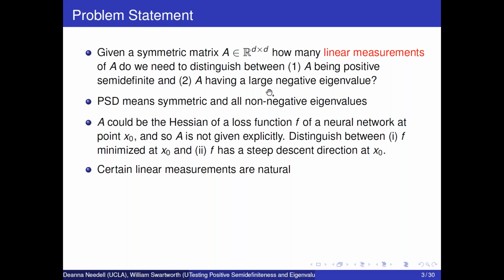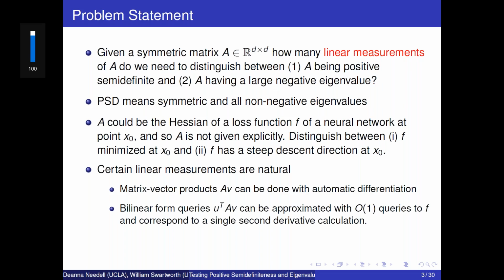Now, as I said, this matrix A is not given to you explicitly, so instead you're going to access it through what I'm calling linear measurements. There are certain kinds of linear measurements that are quite natural. For example, matrix vector products. Even though A is not given to you, you can choose a vector V and observe the matrix vector product A times V. You can then adaptively choose your next vector, W say, and observe A times W. And W can be a function of your previous output, A times V. Why is this a natural model?